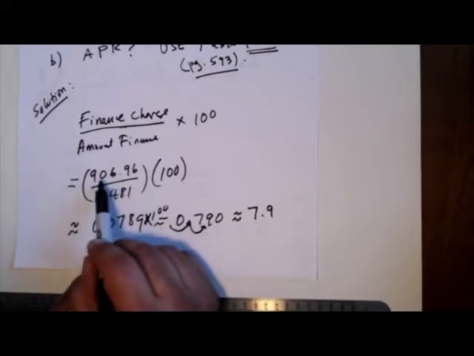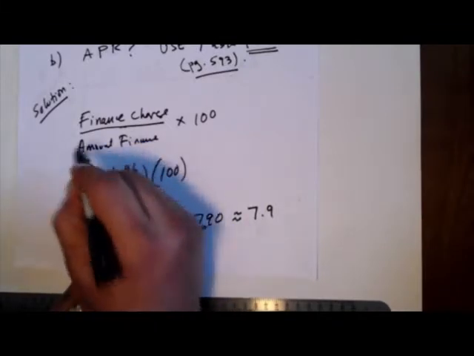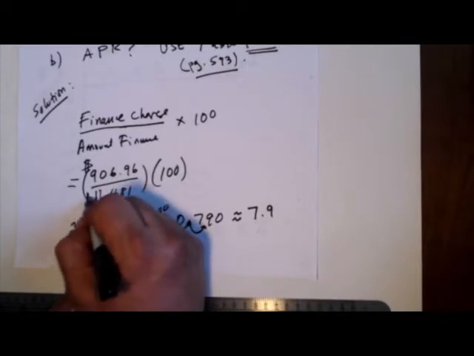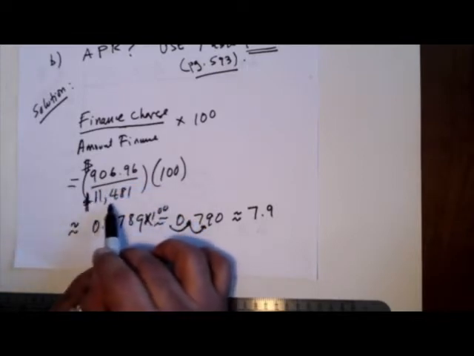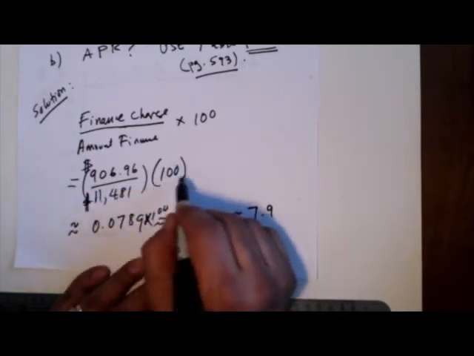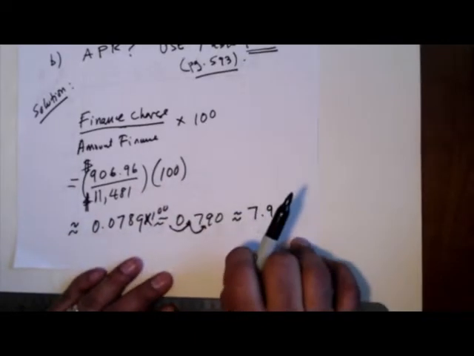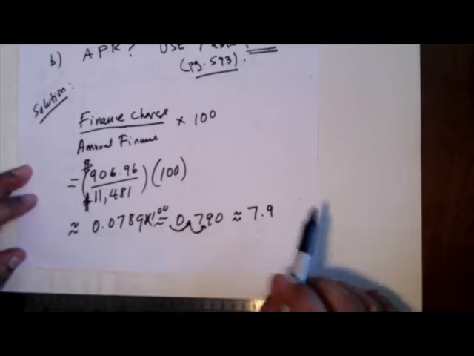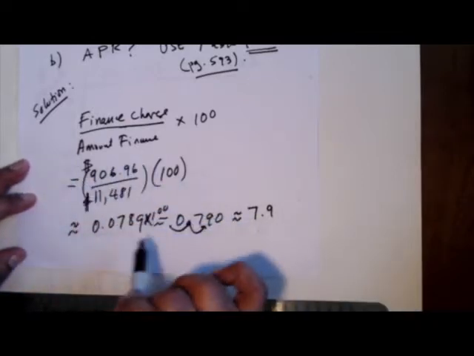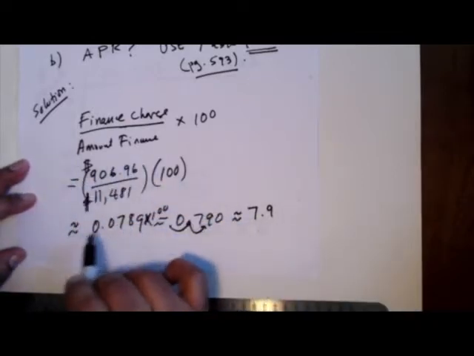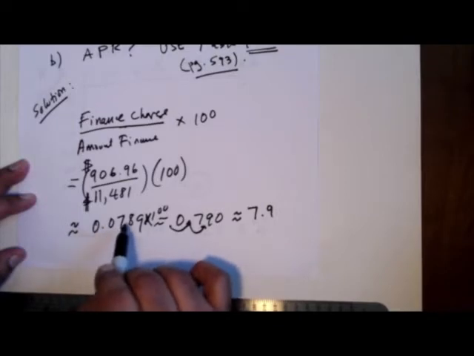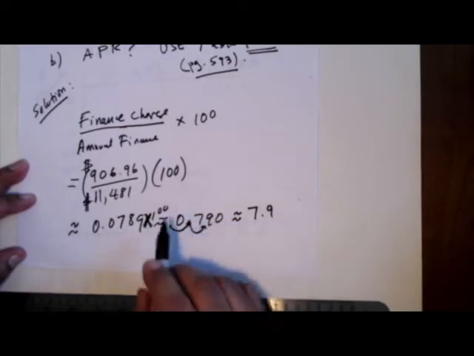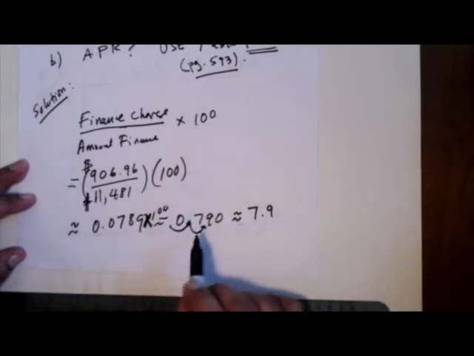So the finance charge, 906.96, divided by 11,581, multiplied times 100, because in the table the quantities are given per 100. So when you run this through the calculator, this becomes approximately 0.789, and then you multiply this times 100.